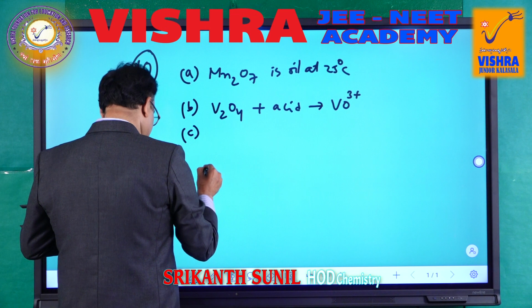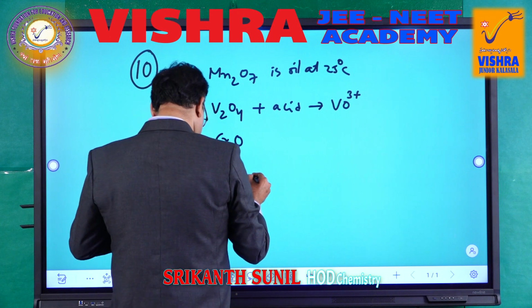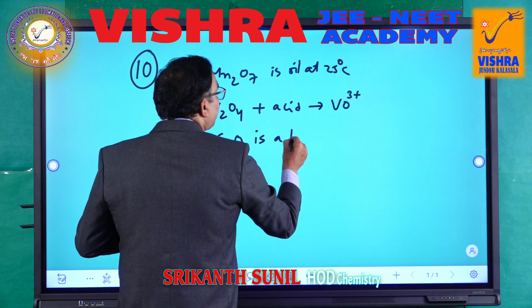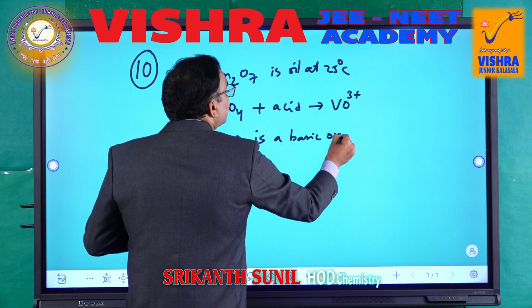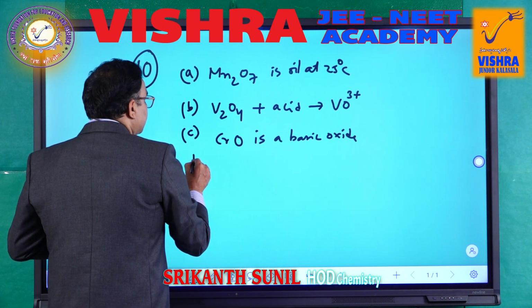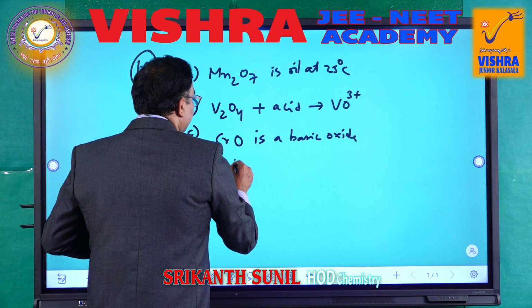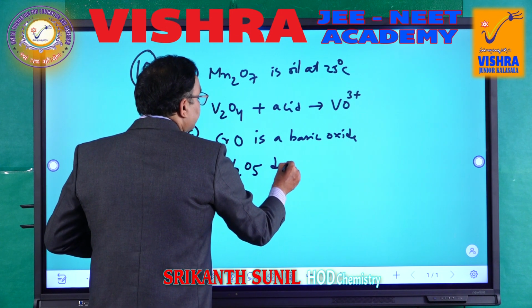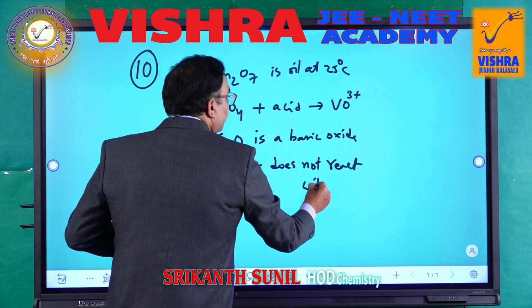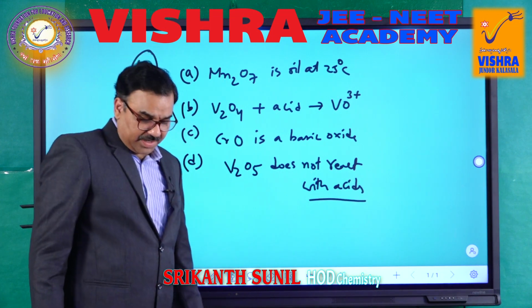C: CrO is a basic oxide. It is a very low oxide, so it can be treated as a basic oxide. And then comes D: V2O5 does not react with acids.